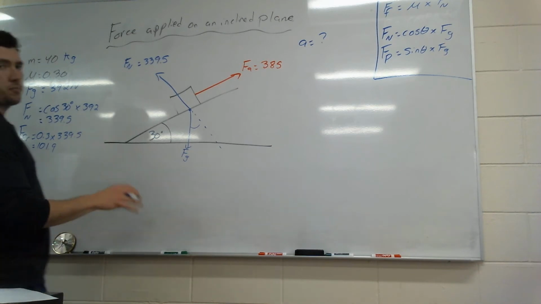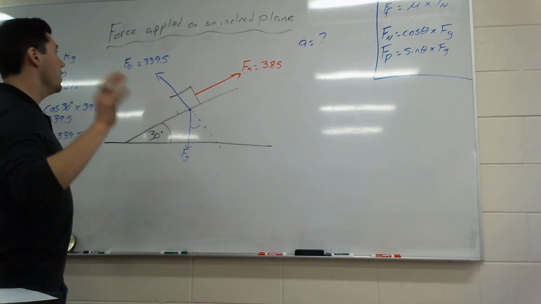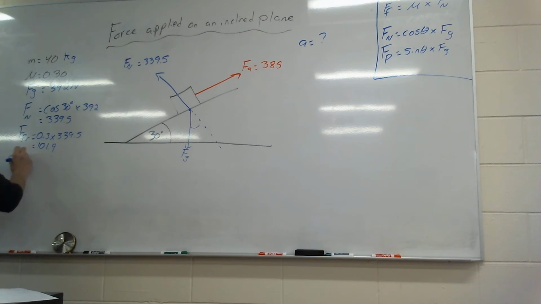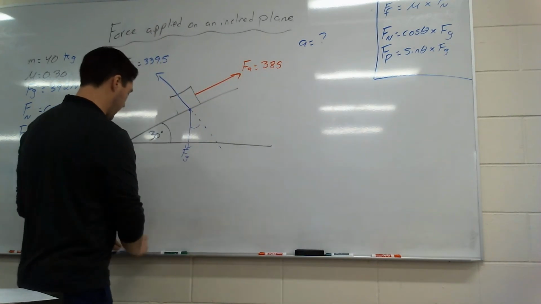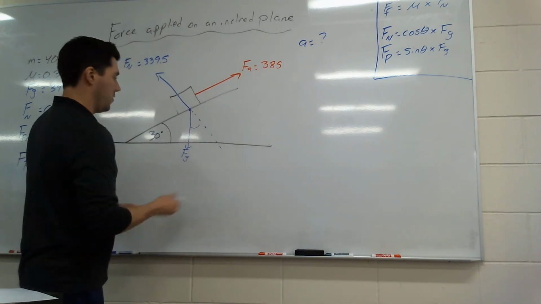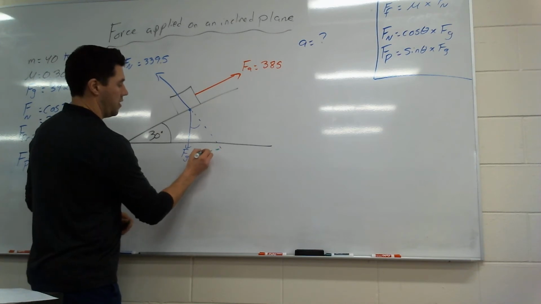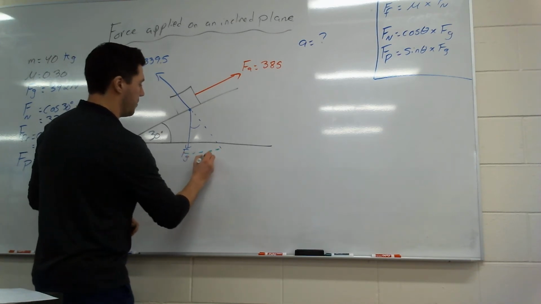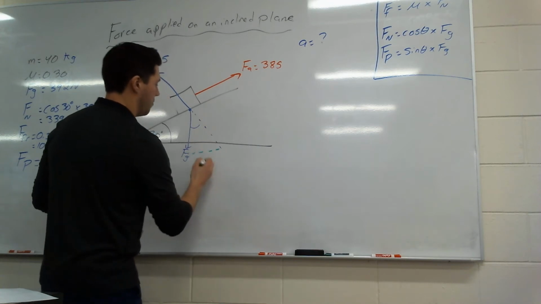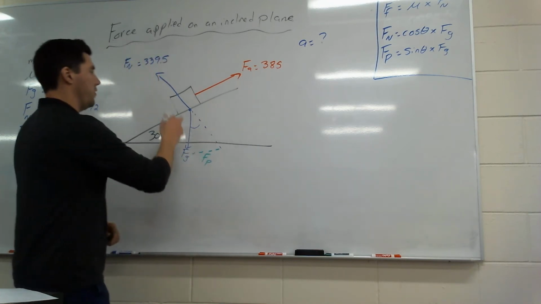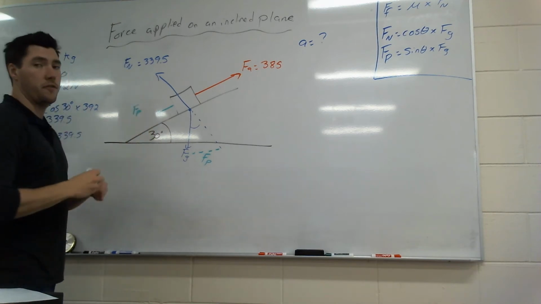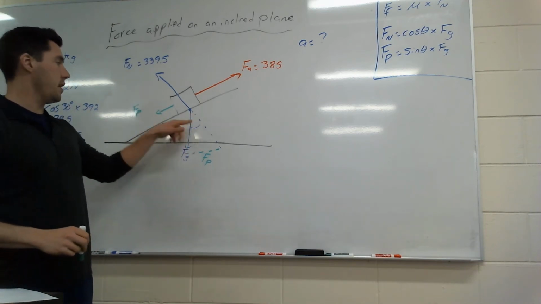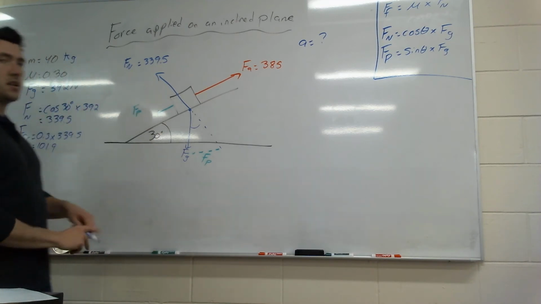The last thing I find is force parallel. Sorry, I'm cutting out the screen. Force parallel is over here, which is this right here. I'll put a different color here. When we break up that force of gravity, because we're at an angle on an inclined plane, this is what we're trying to find. To find force parallel, that's the opposite side, so we go sine theta times our gravity.